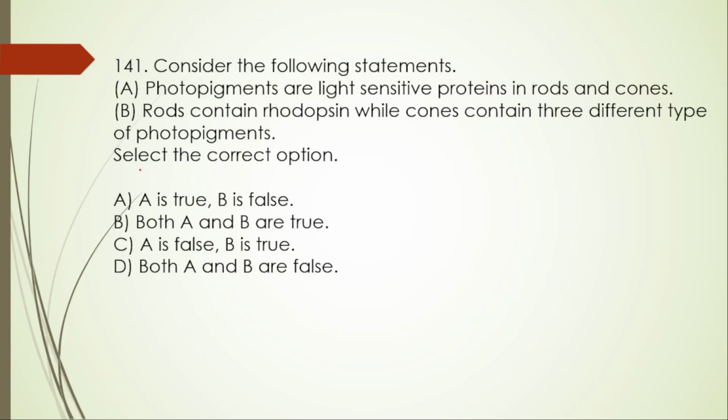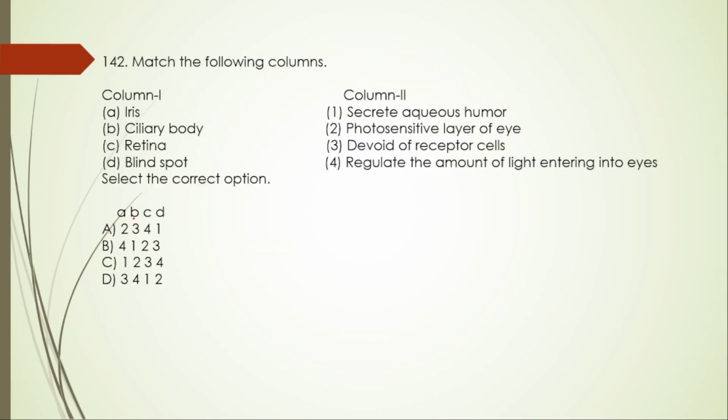Consider the following statement. A, photopigments are light sensitive proteins in rods and then cones. Yes, this one is true. B, rods contain rhodopsin while the cones contain 3 different types of photopigments. Yes, this one is also right. So here both are true. Next, match the column 1 with column 2.